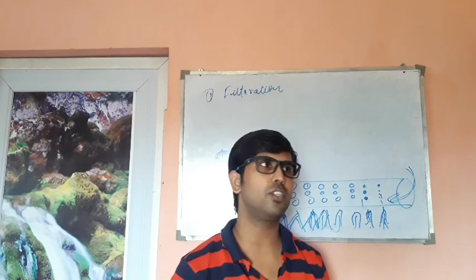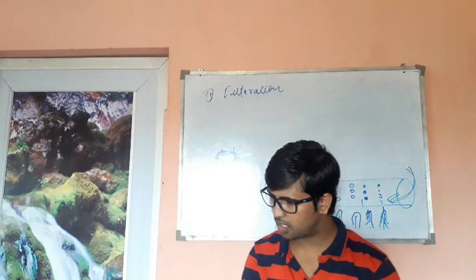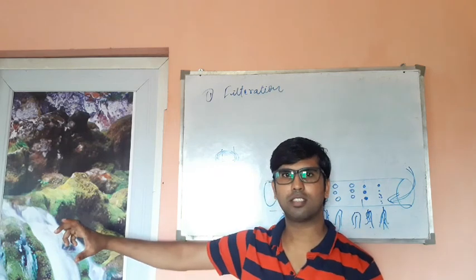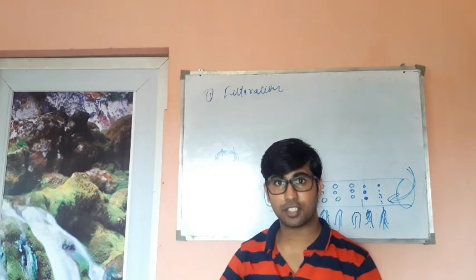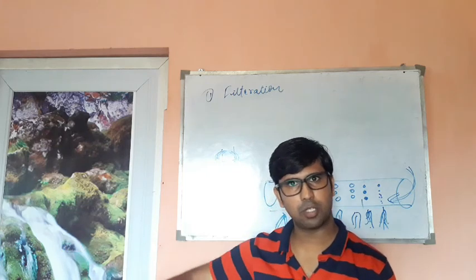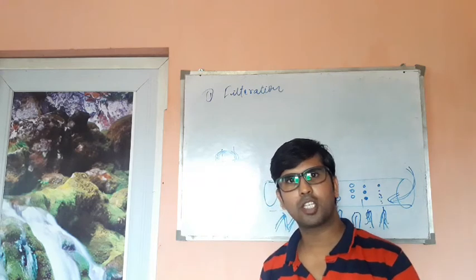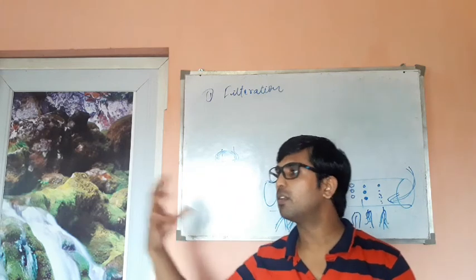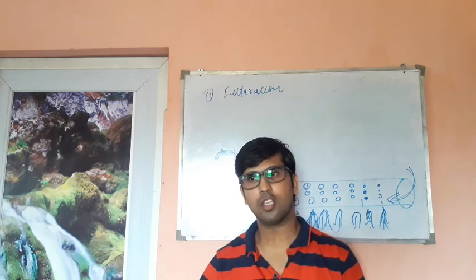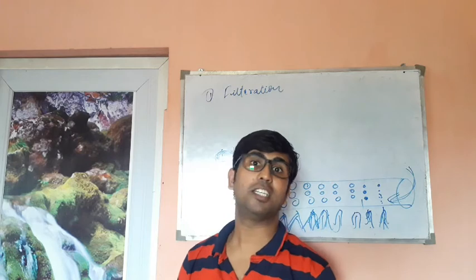Even if you go to a food processing unit, you will see lots of holes having different sizes. When fruits pass through those holes, a small fruit will drop through the small hole and a big fruit will drop through the big hole. That is how we can separate fruits by their different sizes.